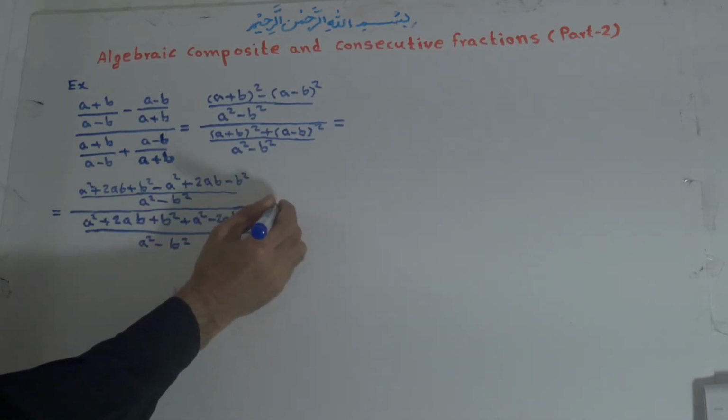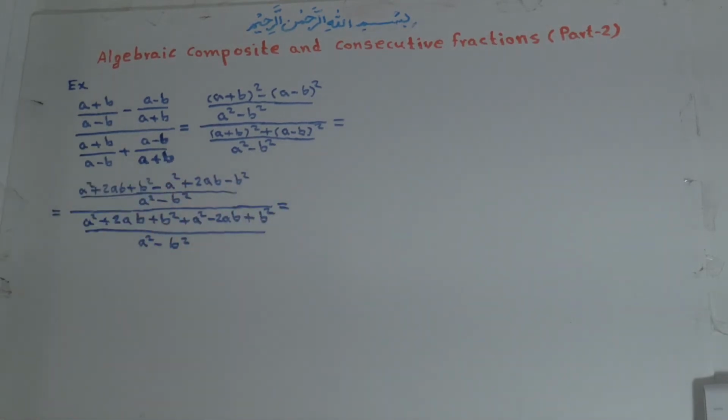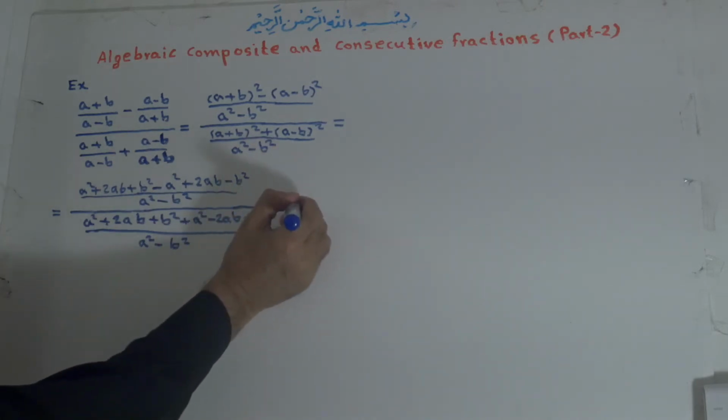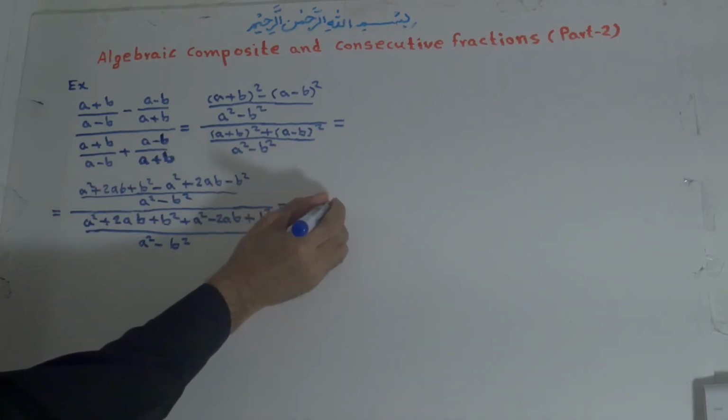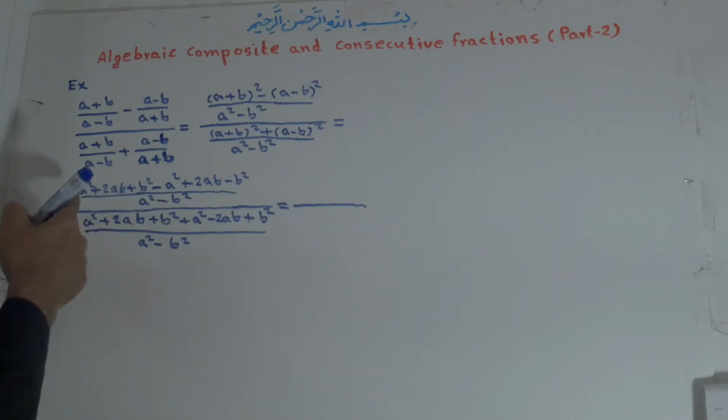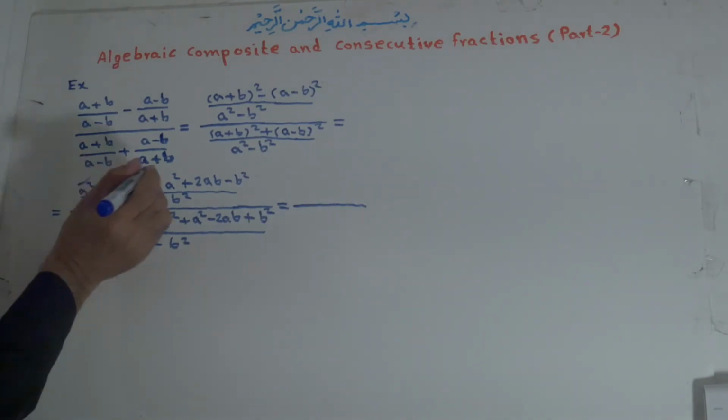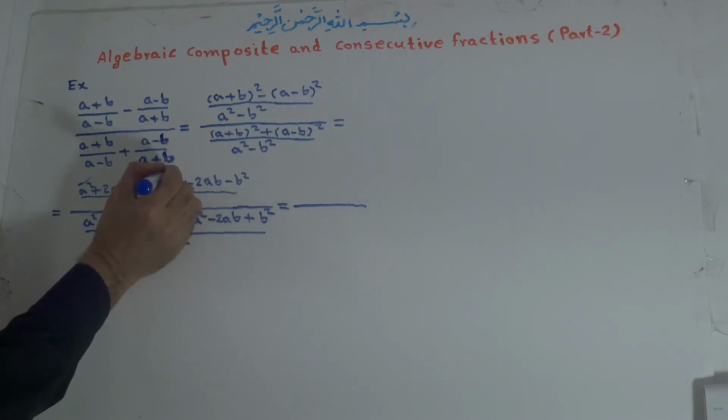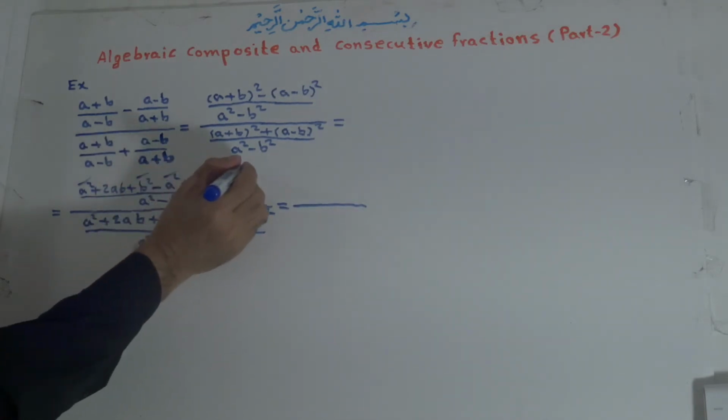Now we simplify the numerator of the numerator with the numerator of the denominator. This is equal to a to the power of 2 cancels with the negative a to the power of 2, and positive b to the power of 2 with the negative b to the power of 2.